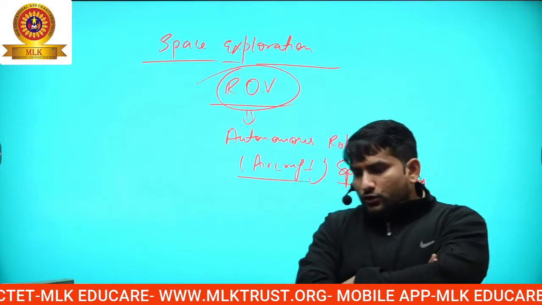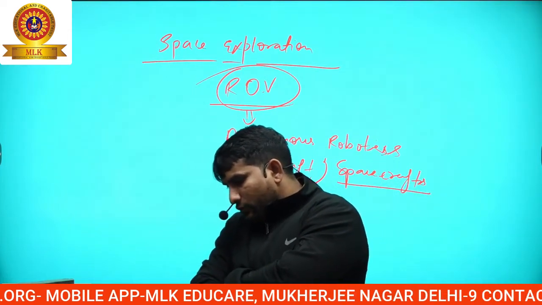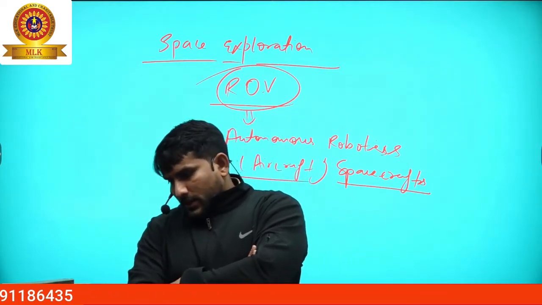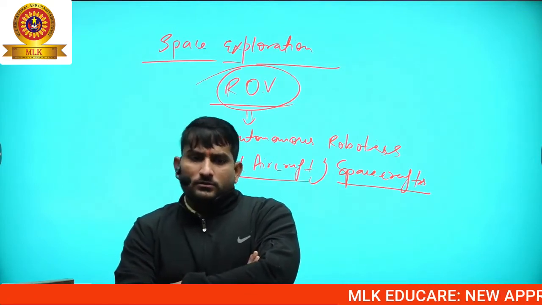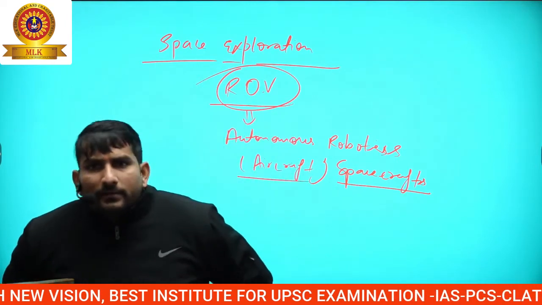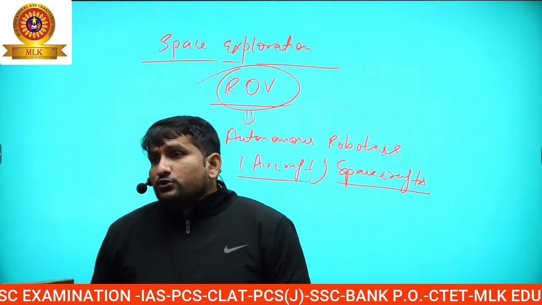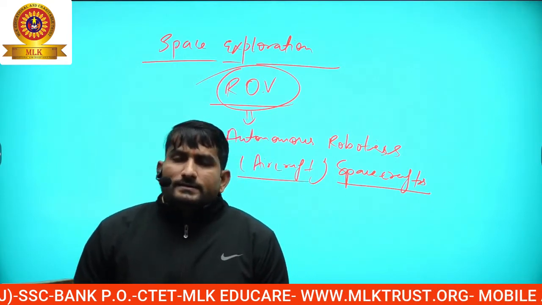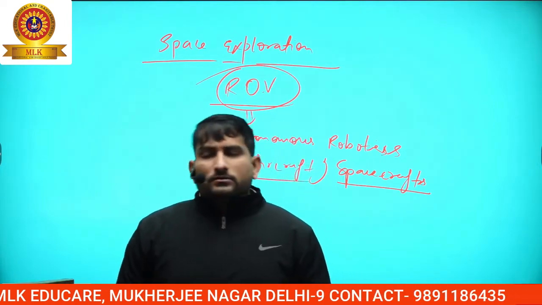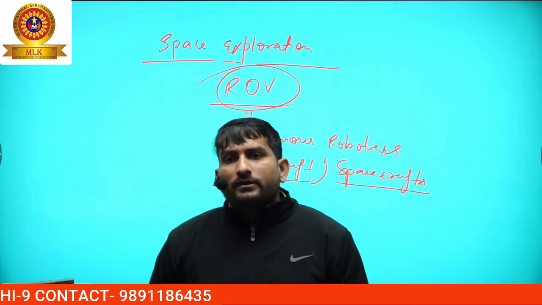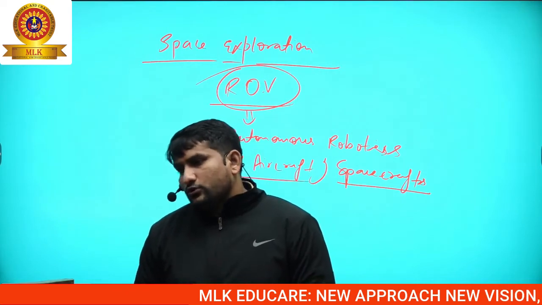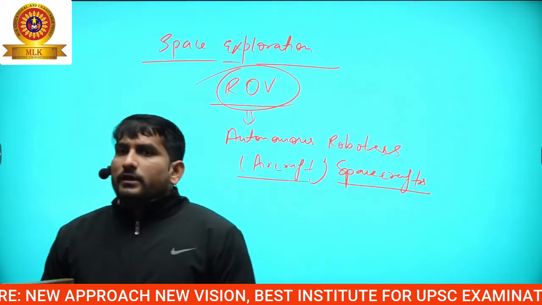Recently, in the year 2019, when we launched Chandrayaan-2, what was in Chandrayaan-2? Orbiter, lander and rover. The Vikram lander and the Pragyan rover. So the rover is considered a robot. Not only the rover, the lander and the orbiter are also a type of robot. So what are the uses of the rover, lander and orbiter?